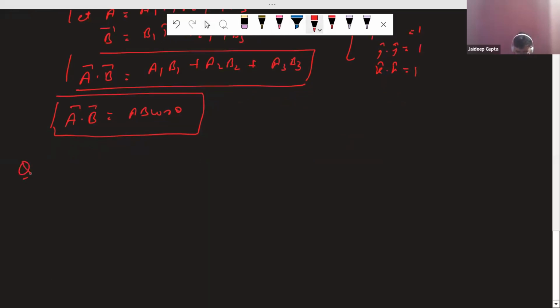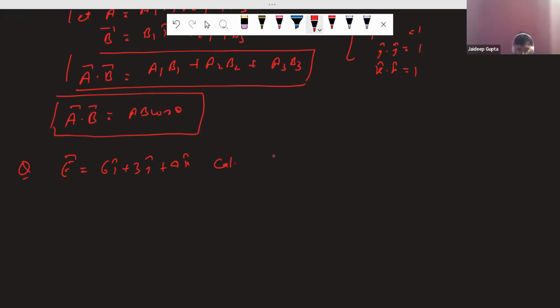The question is given. The electric field is 6I cap, 3J cap plus 4K cap. Calculate the electric flux phi through the surface of area 20 units in the YZ plane.